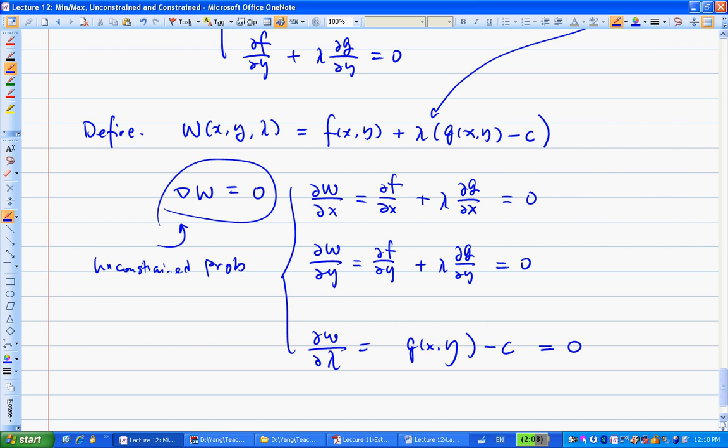Everything boils down to solving these three equations. If you can solve them, you will be able to find the min and max of f subject to the constraint g.